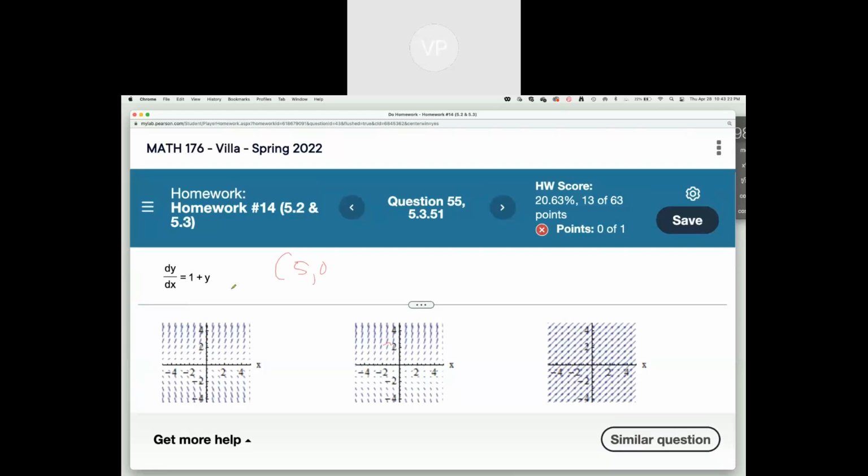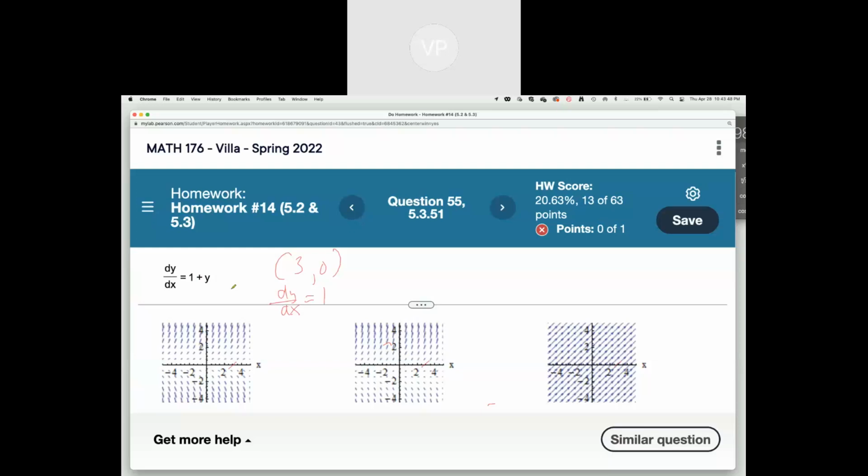When I plug it in there, that gives me a dy/dx, or a slope, of 1, because I replaced the y with a 0. So at the point 3, 0, there should be a slope of 1 right there. Here it should be a slope of 1, and over here it should be a slope of 1.